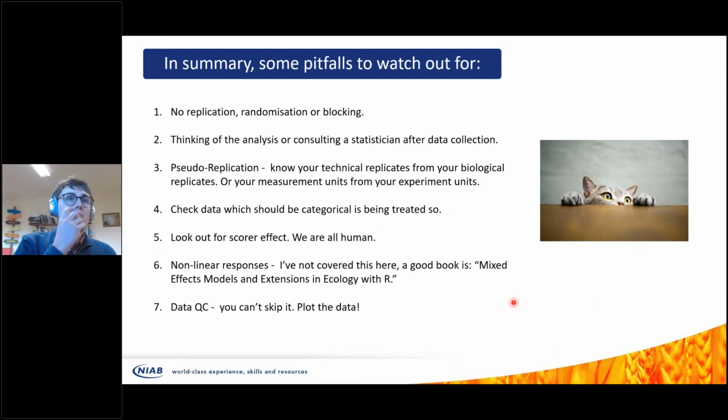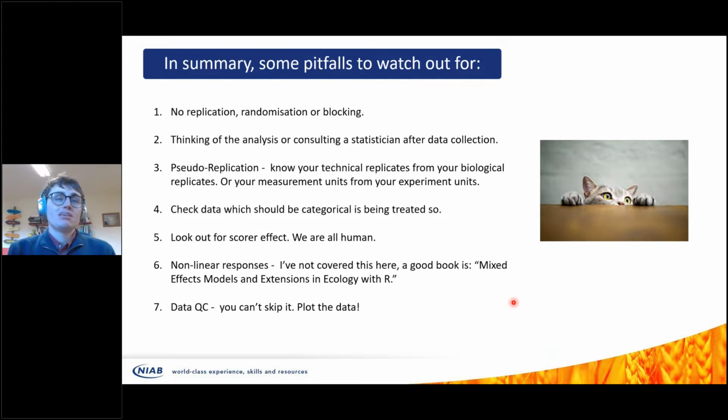So in summary, some pitfalls to watch out for, to summarize the talk really. No replication, no randomization or blocking. I hope I've communicated that it's good to use replication, randomization and blocking. They're very important when it comes to analyzing the data, and if you want to do the proper analysis, you've got to take those into account.